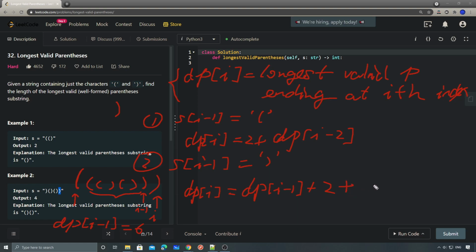And then we plus dp[i - dp[i-1] - 2]. So dp[i-1] is this part, and then plus two is this left and right, and this one is here.